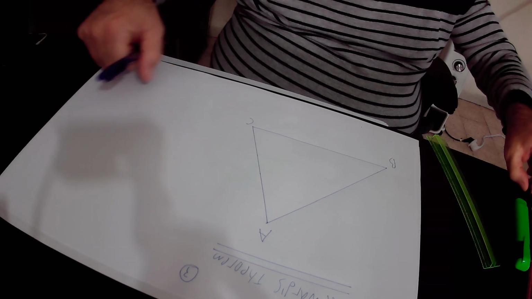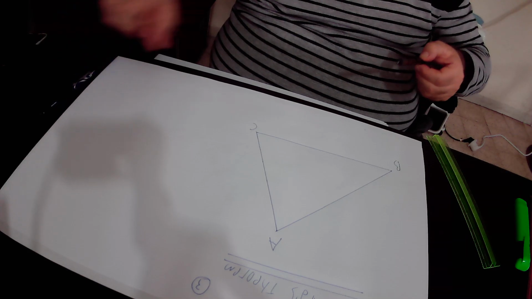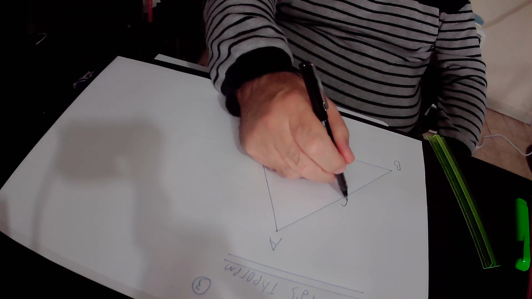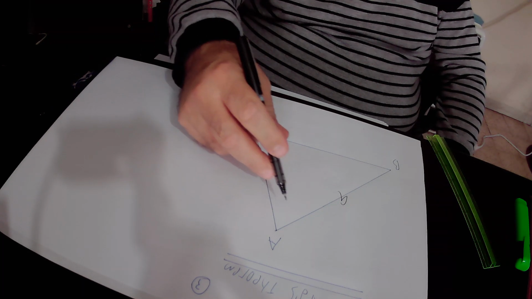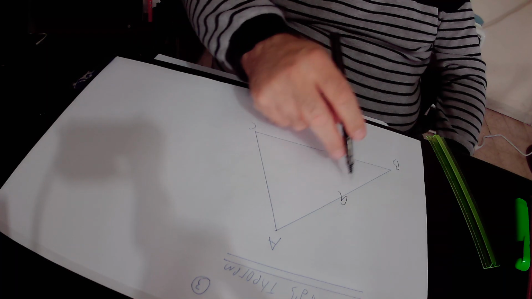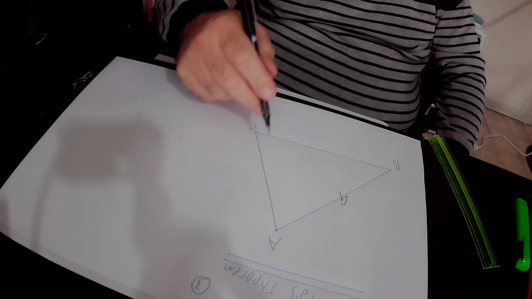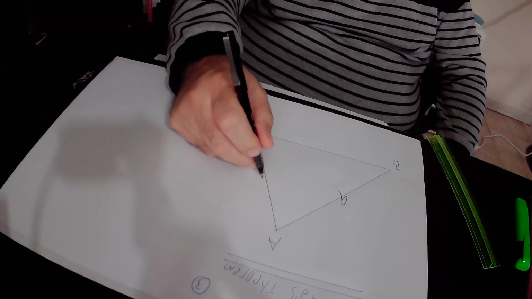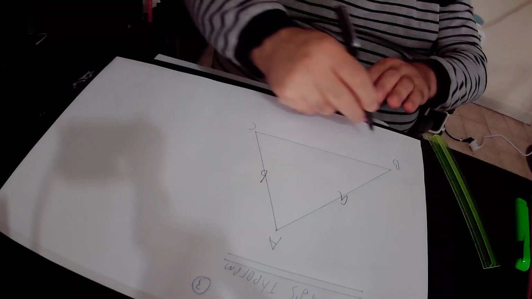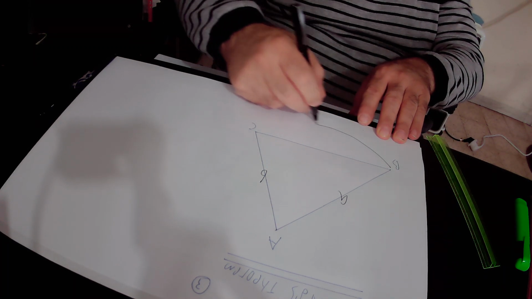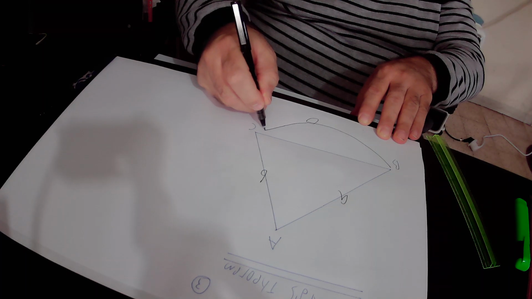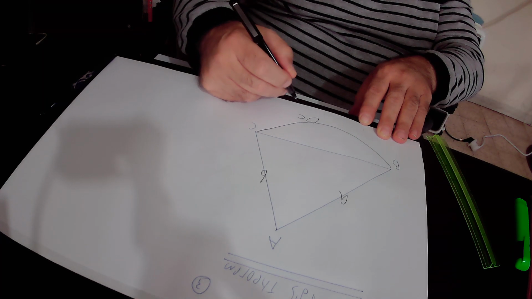We know that the length of side AB is A units. Side AC of triangle ABC equals B units in its length. And side BC equals C units in its length.